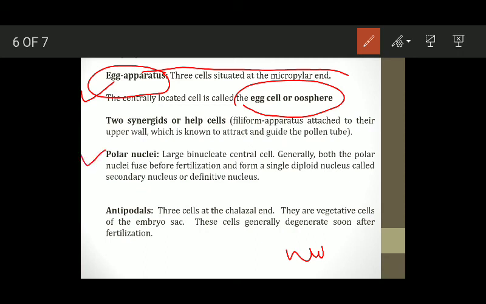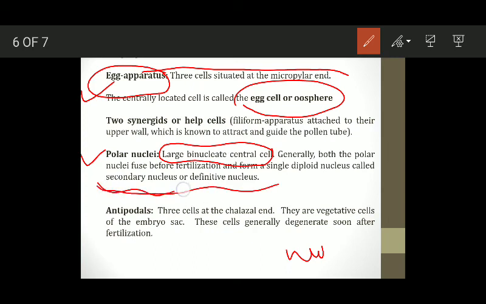Now the polar nuclei. It is a large binucleate central cell. Generally, both the polar nuclei fuse before fertilization and form a single diploid nucleus called the secondary nucleus or definitive nucleus.